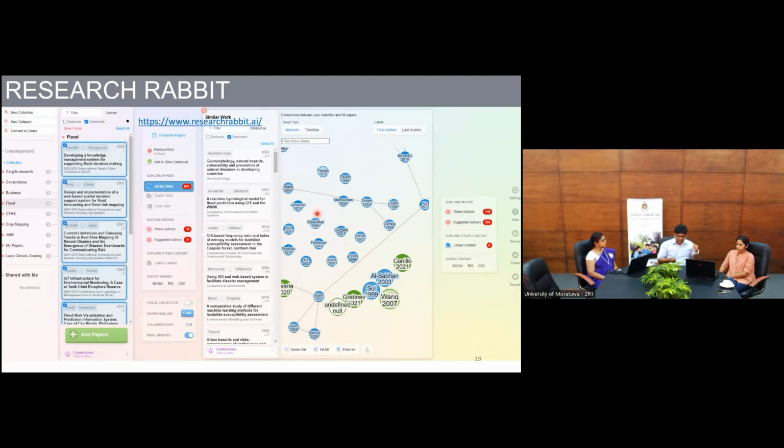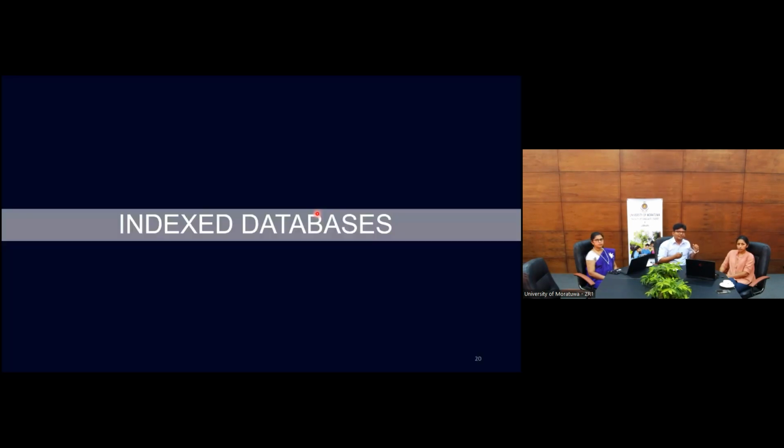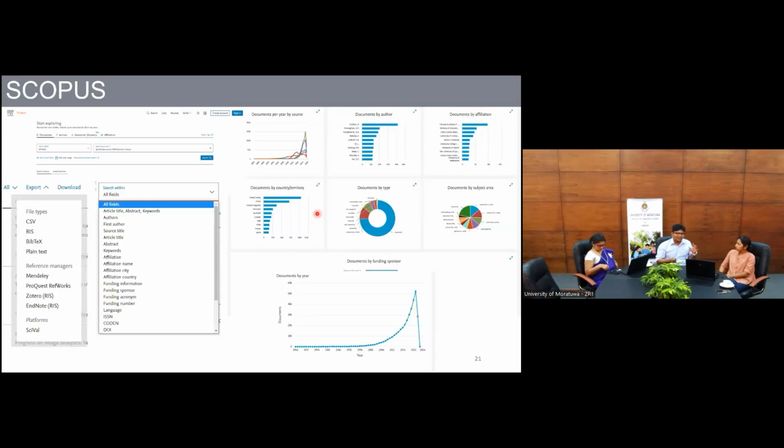Now, I will move to the next most important thing, visualizing the research using index databases. I think some of the institutions around the world have access to Scopus and Web of Science.